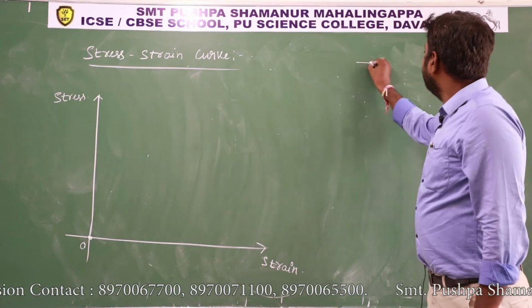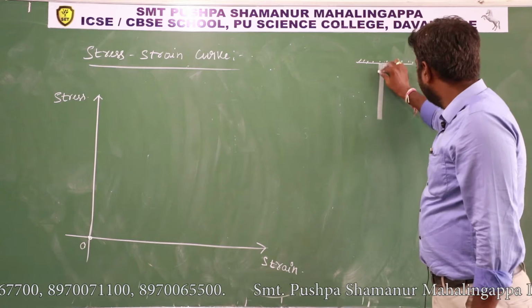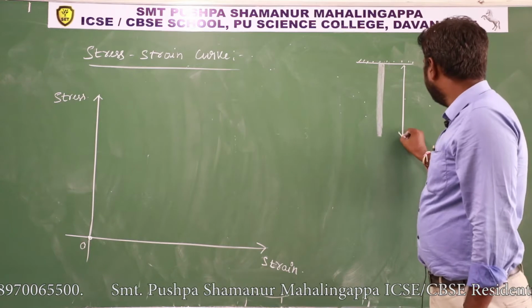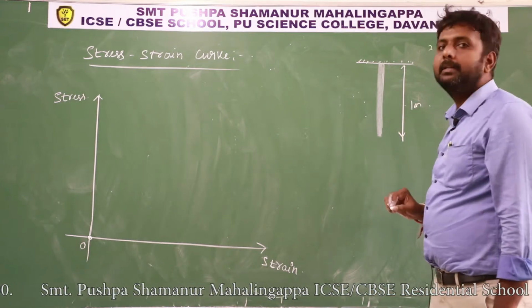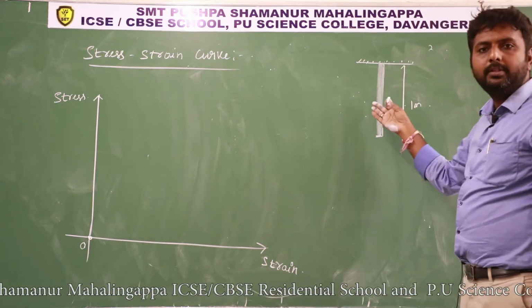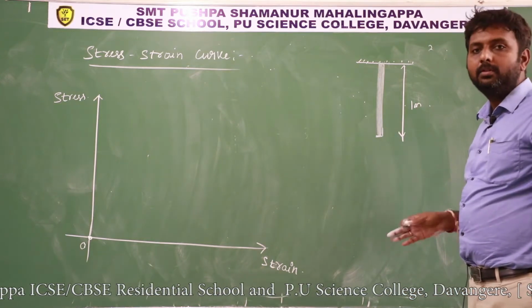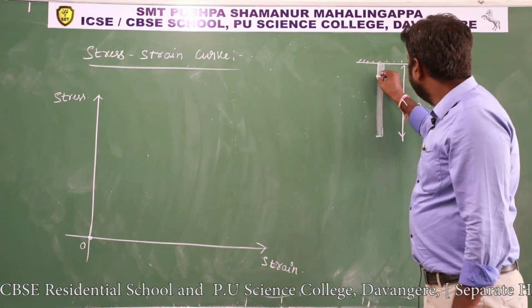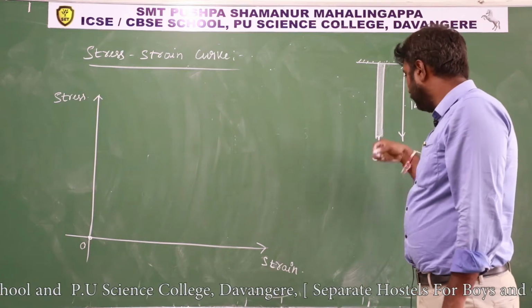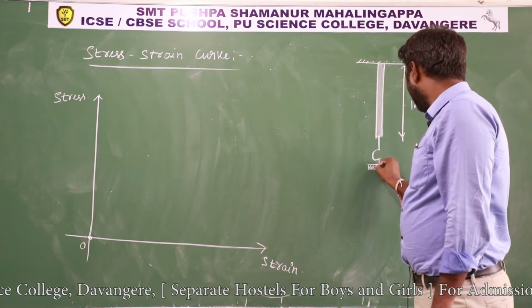So here let us consider a rigid support and a rod. And let us consider the initial length of the rod to be 1 meter. We have not attached any weight or load to this rod, hence there is no stress in the rod, so there will be no strain. Then if we add some weight to this rod, initially I will add a 1 kg block.